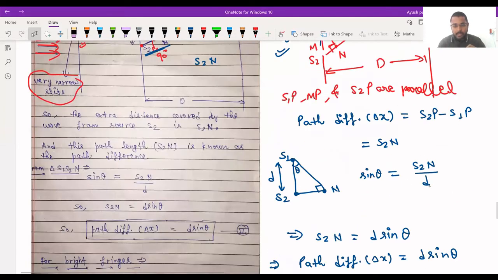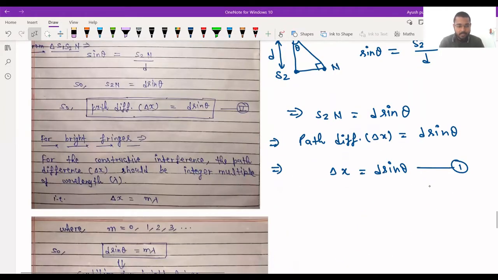Now let's understand whether at this point P maxima will be formed or minima will be formed, meaning whether a bright fringe or a dark fringe will be formed.